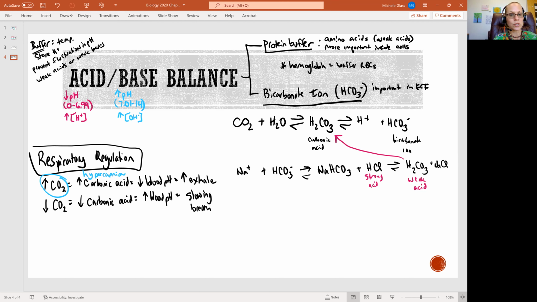So issues such as pneumonia might make it difficult to do proper exchange. Congestive heart failure can also be a possible source of hypercapnia. And when we're looking at a reduced carbon dioxide gas level here, we can call this one hypocapnia, where you have a reduction in the amount of CO2.